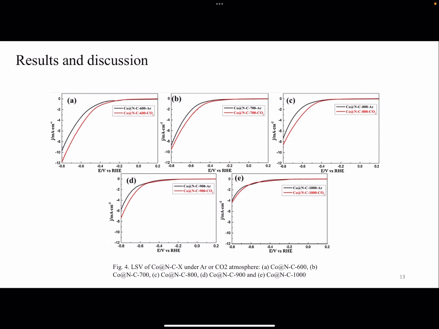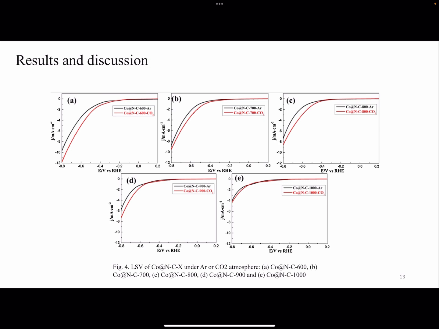Okay, now let's see the catalytic performance through the LSV. Under the argon atmosphere, there is no carbon dioxide to react, so it typically produces hydrogen, which is called HER.